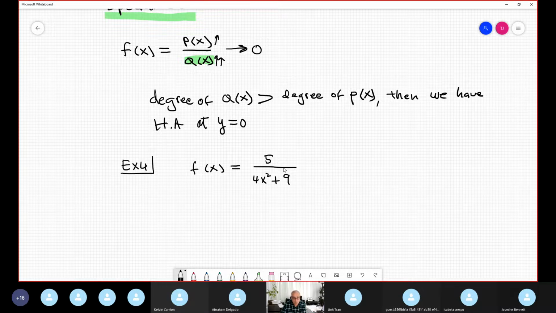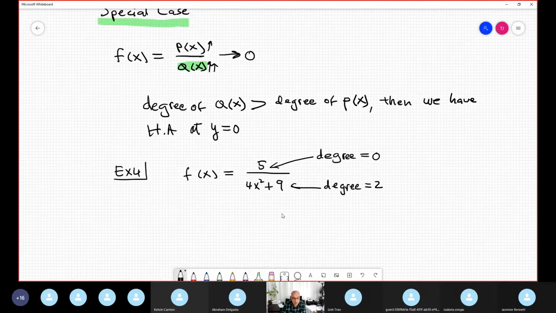Well, as always, when you try to analyze the horizontal asymptote, you are doing the degree analysis. The degree of the polynomial on top is 0 because we have no x. The degree of the polynomial on the bottom is 2. So I see that the degree of Q is bigger, so we have the special case of the horizontal asymptote, and the answer is yes, we have one at y equals 0.